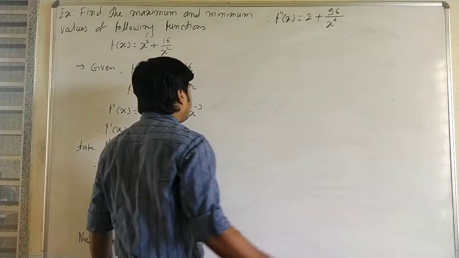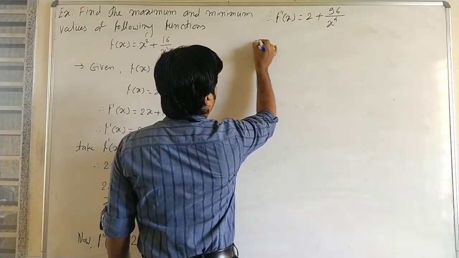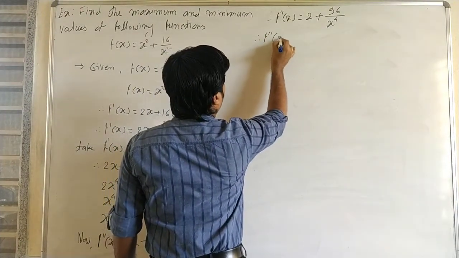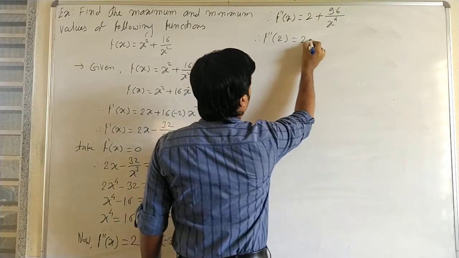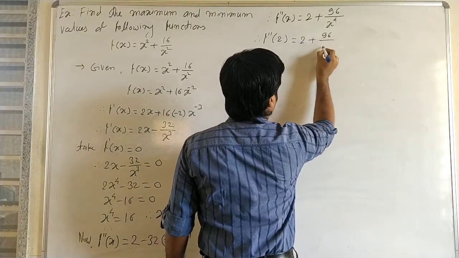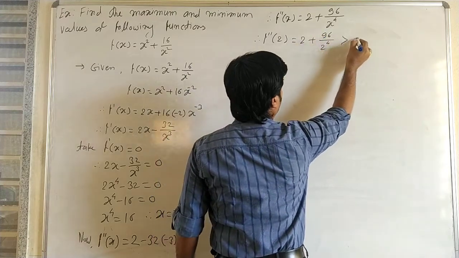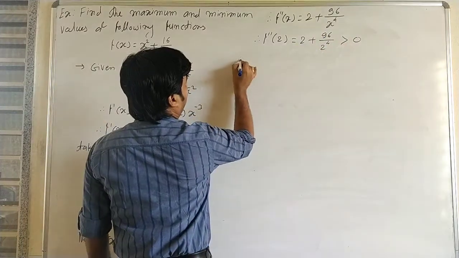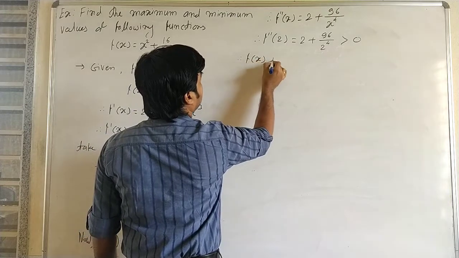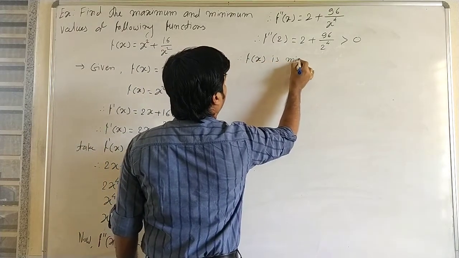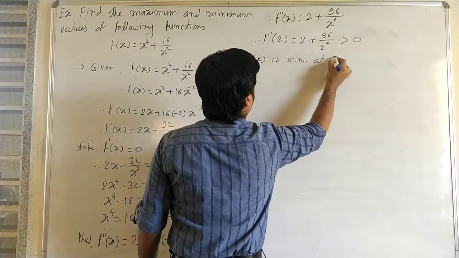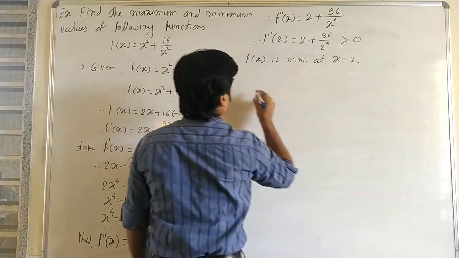Now put the values of x plus 2 and minus 2. Therefore, f double dash of 2, it is 2 plus 96 upon 2 to the power 4, and 2 to the power 4 is positive, then it is positive, greater than 0. Therefore, f of x is minimum at x is equal to 2.